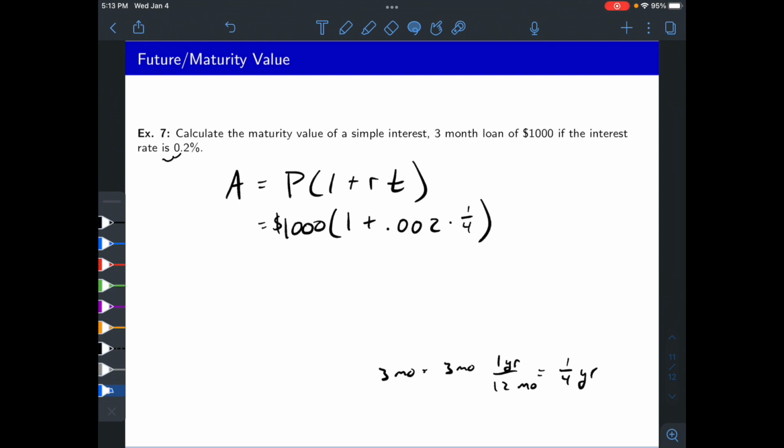Let's move that off to the side. And so this, depending on what our calculator tells us, is just going to be our maturity value. So I'm going to type this into my calculator off to the side and tell you what I get. So 1 plus 0.002 times 1/4.